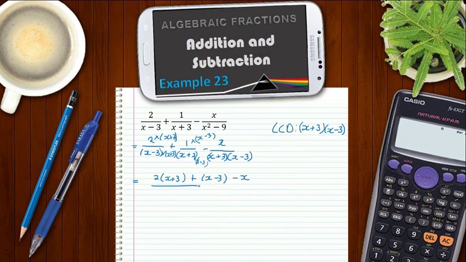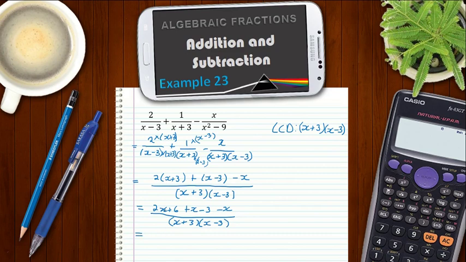Then we put everybody over the LCD, so we have (x plus 3)(x minus 3). And then we simplify the numerator, so we multiply these brackets out. We've got 2x plus 6 plus x minus 3 minus x, still over (x plus 3)(x minus 3).